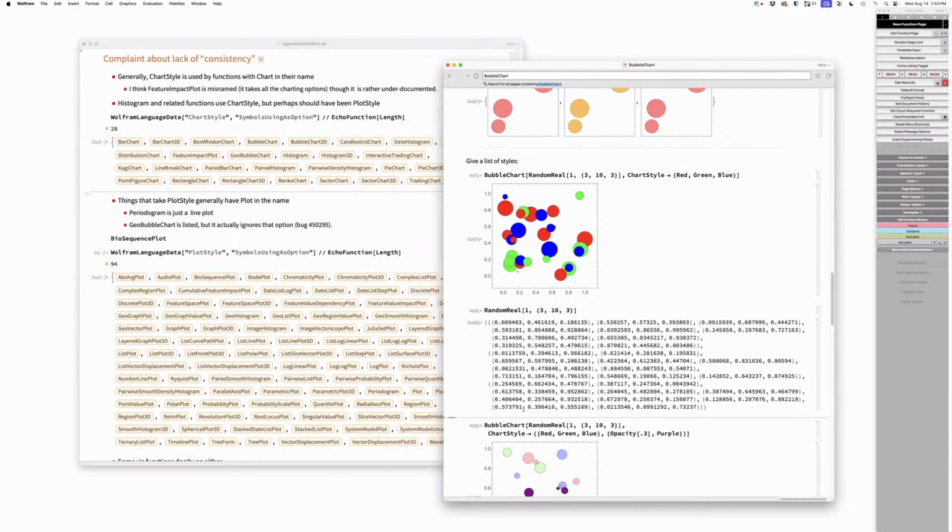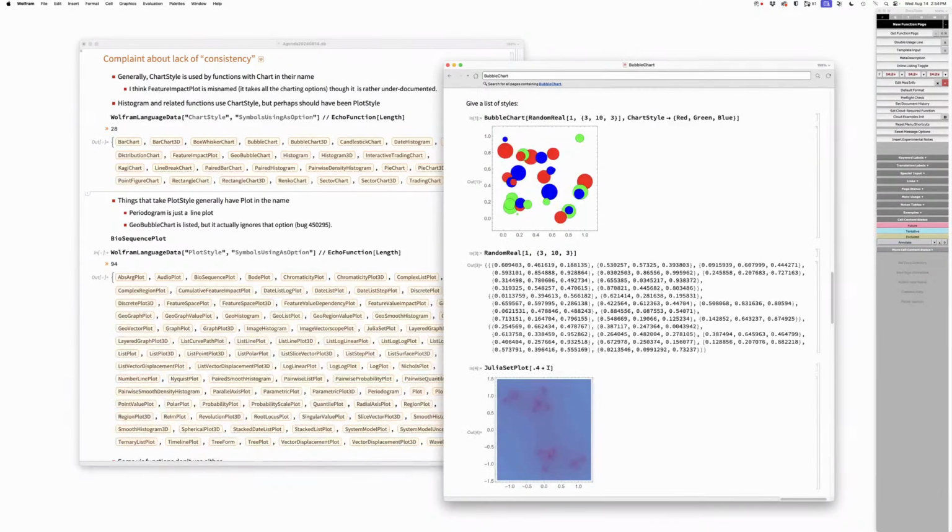I mean, JuliaSetPlot is again a... I mean, I haven't a clue what PlotStyle does here. Probably nothing because that's a color function thing. I don't remember what the syntax is to get the points. What the hell did that do? I don't know. It's weird.